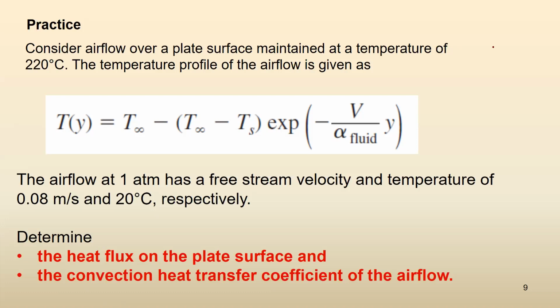Consider airflow over a plate or a flat surface maintained at a temperature of 220 degrees Celsius. The temperature profile of the airflow is given as this. The airflow at 1 atmosphere has a free stream velocity and temperature of 0.08 meter per second and 20 degrees Celsius, respectively.